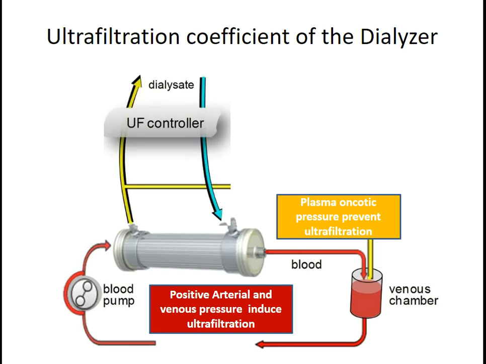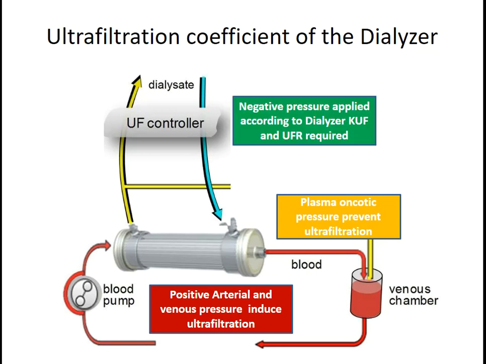The hemodialysis machine has an ultrafiltration controller. Negative pressure is applied according to the dialyzer KUF and the ultrafiltration rate required. Moving of the blood, filtering the excess fluid required depends on the dialyzer KUF.